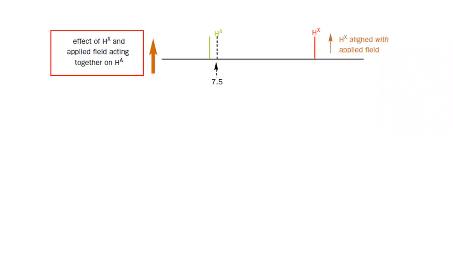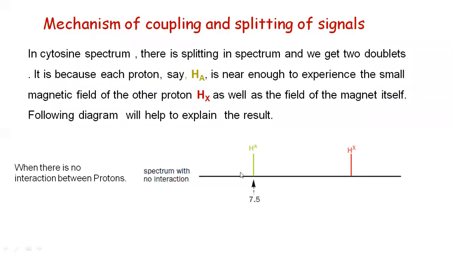Now see, if we have HA and HX, you see in the box, it is very important to understand. When HA senses that there is a neighboring proton, whereas in the earlier case HA did not sense HX and HX did not sense HA.